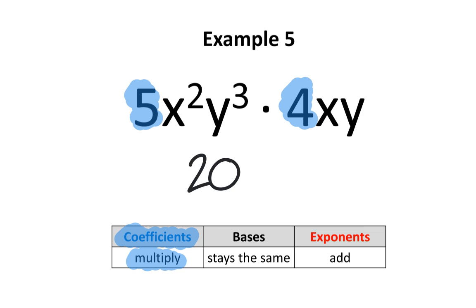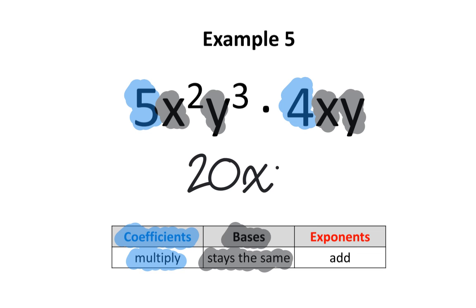Next, we want to take a look at the bases of these terms. The base in this term is x and y. In the second term, the base is x and y again. Bases stay the same. Therefore, you want to leave the variable of x right over here and the variable of y right over there as well.